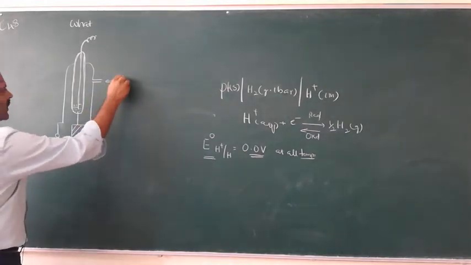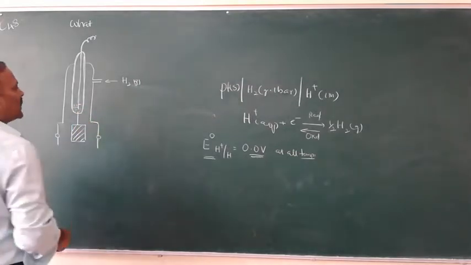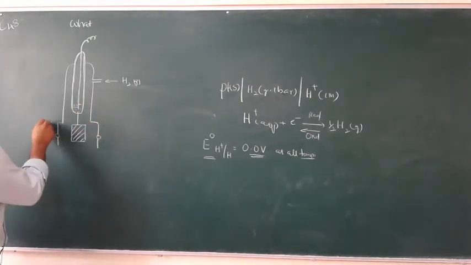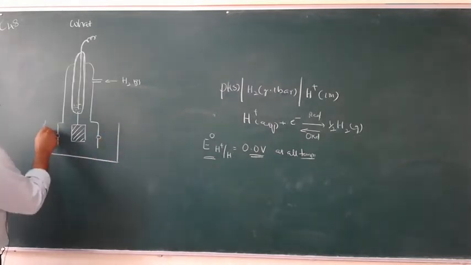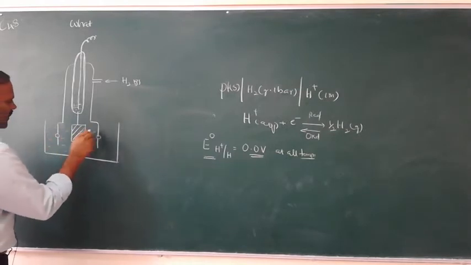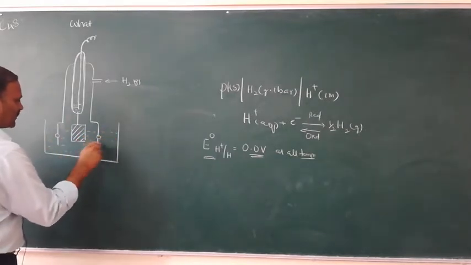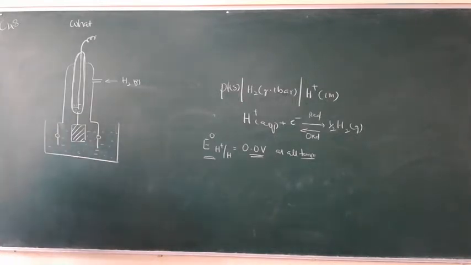So from here hydrogen gas can be passed. So this platinum wire and platinum foil is dipped in 1 molar HCl. So this is 1 molar HCl. This forms SHE or NHE.